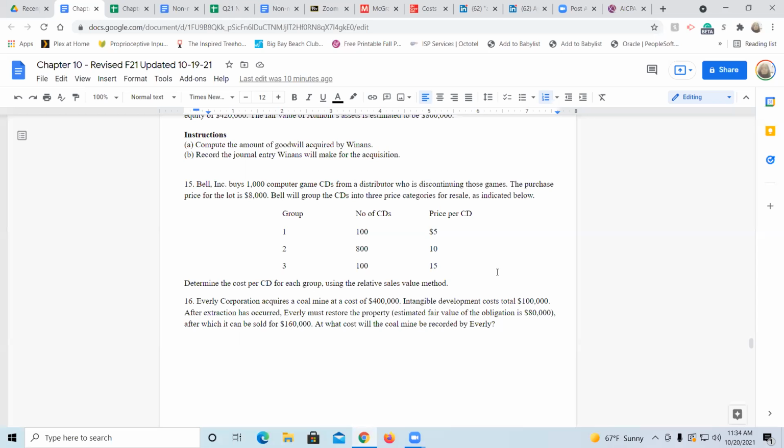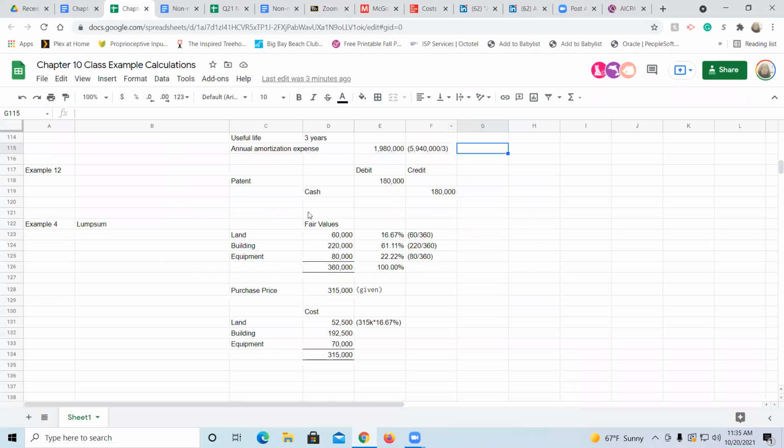So let's take 30 seconds here to give you a chance to take a picture of the question or download the question. Okay, and I will now move to the previous solution to give you an example of how we did that.